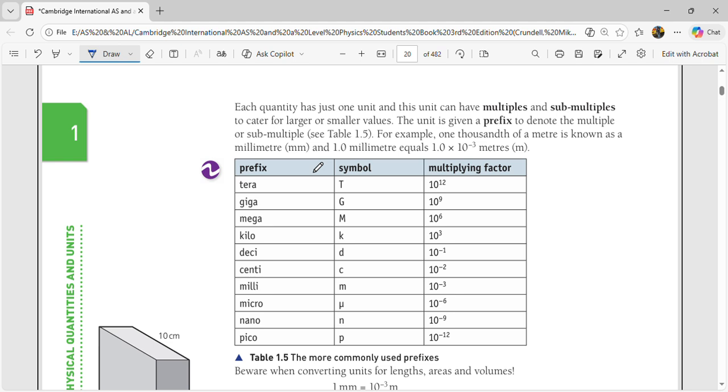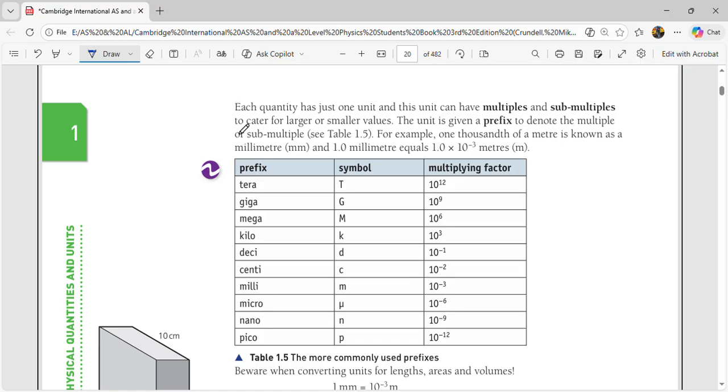So they are saying every quantity has just one unit, and a unit can have multiples and submultiples. That is to cater for large or smaller values.